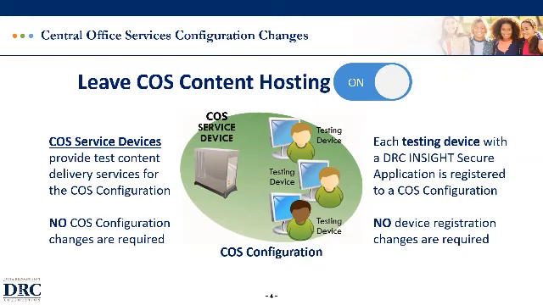In these on-network configurations, those sites are typically going to have the same type of access that you have within your traditional classroom settings. So accessing the COS service device is okay, and they still will be able to get the content there. There really is no need to modify the COS configurations or the testing devices in this scenario.